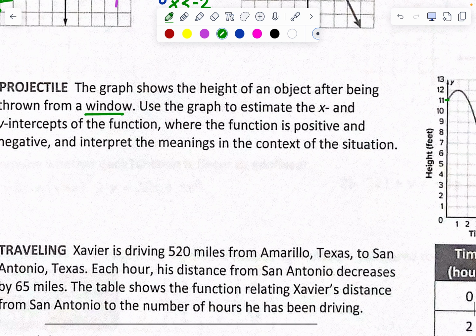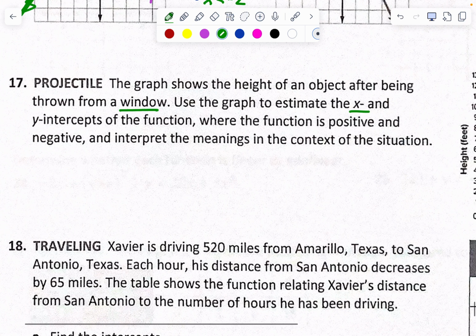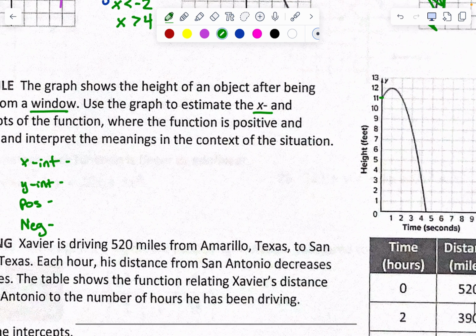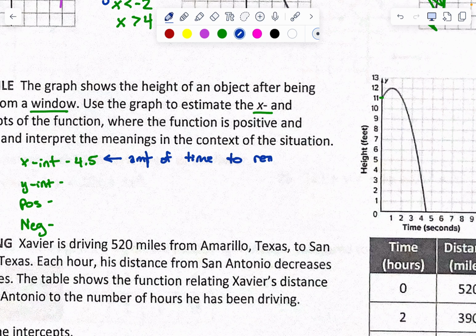Use the graph to estimate the x and y intercept. X-intercept, y-intercept. Where the function is positive, where the function is negative. The x-intercept you said was 4.5. And it says interpret the meaning. So 4.5 is the amount of time to reach the ground.